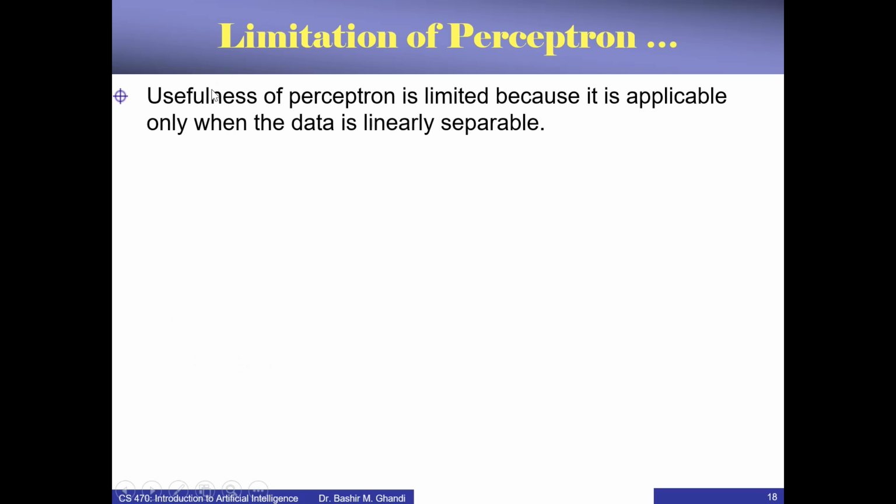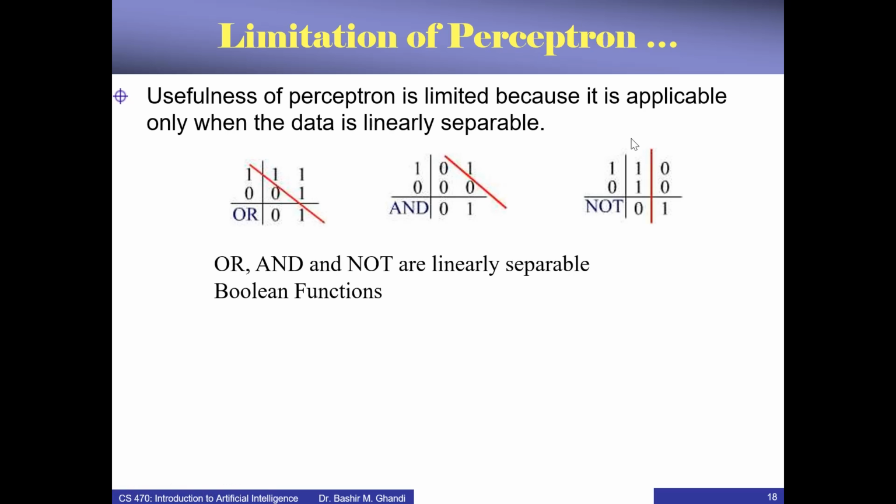Alright, so that's what we are saying here, that the usefulness of Perceptron is limited because it is applicable only when the data is linearly separable. And these are examples of linearly separable data. So the Boolean OR and NOT functions are all linearly separable Boolean functions.